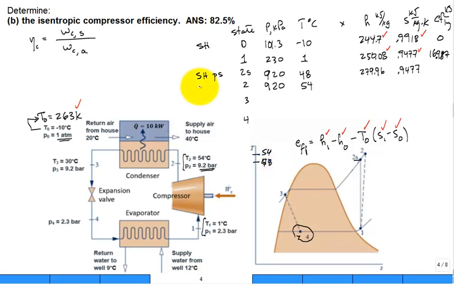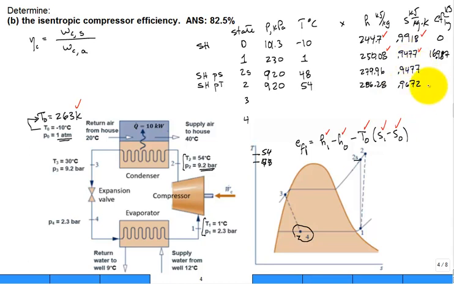Now evaluate the properties as superheated, knowing the pressure and the temperature. You can evaluate H, knowing the pressure and the temperature. That's 286.28, and the entropy is 0.9672. You can also get the flow exergies.